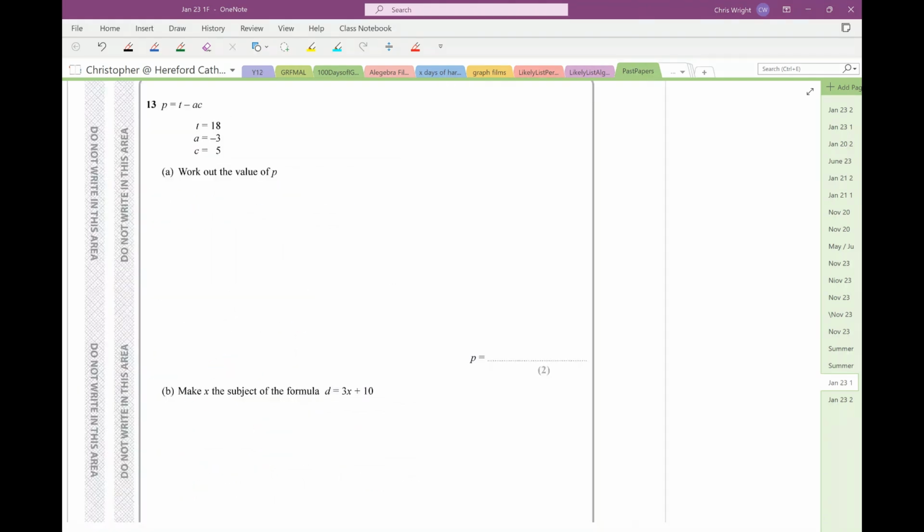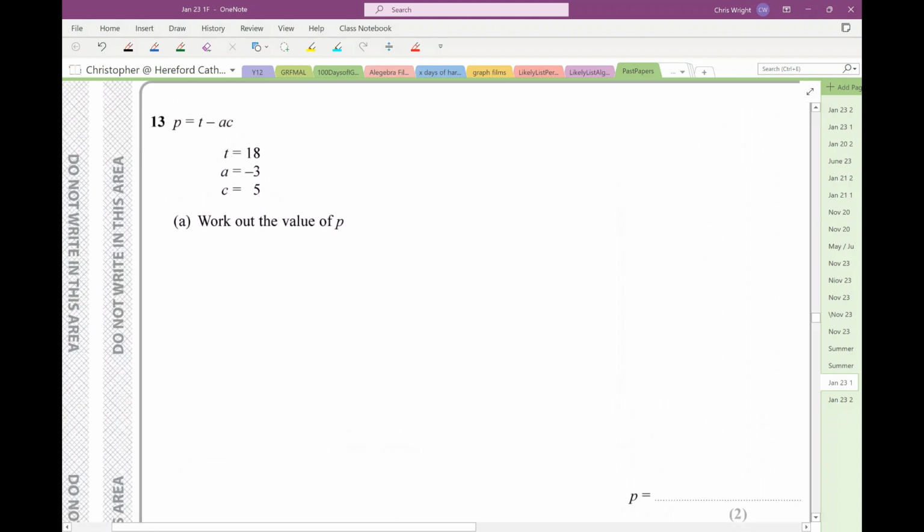Question 13. Right, I'm told that P is equal to T minus A times C. And I need to put in these values for T, A, and C. So P will be T, which is 18, minus A, which is minus 3, times 5.